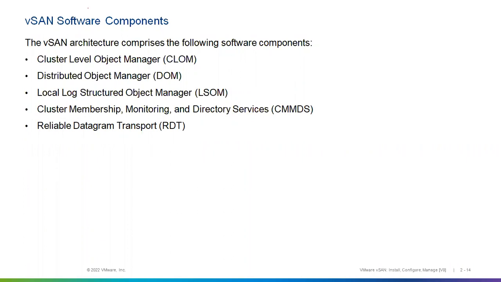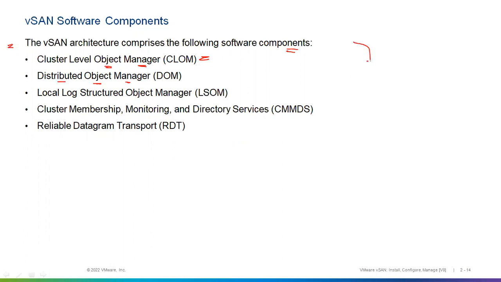Okay. So these are some deeper level terminology where we see the architecture components. These are all software components, like the cluster level object manager, which is primarily storing the data at cluster level. DOM, the distributed object manager, will distribute the data.